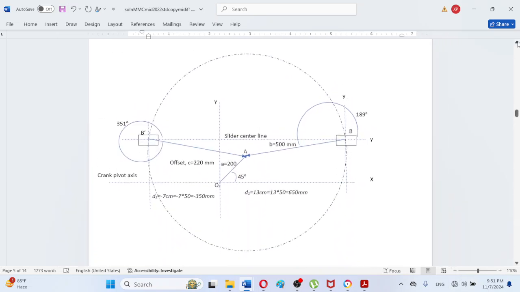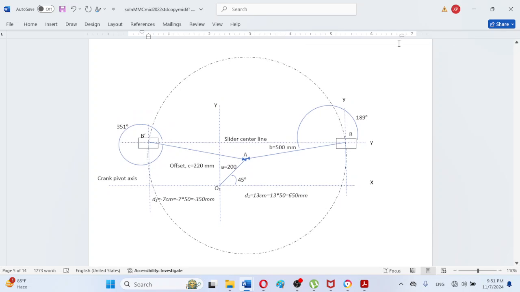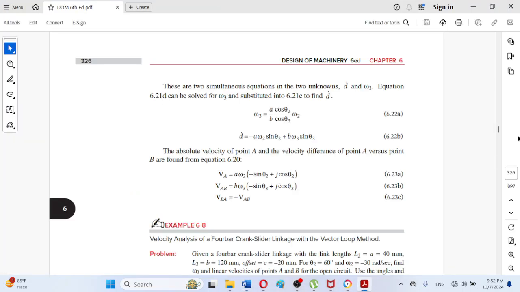Many videos have been uploaded here, and as we can observe, some terminologies are missing, like for example this is angle theta 3 subscript 1, but we must remember that these subscripts can be related with the diagram here.